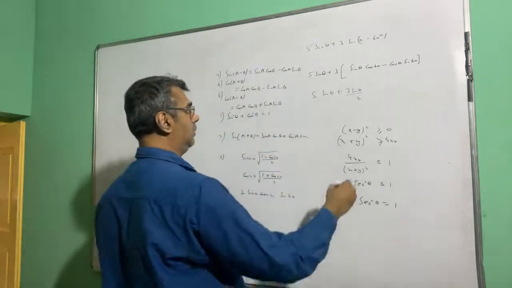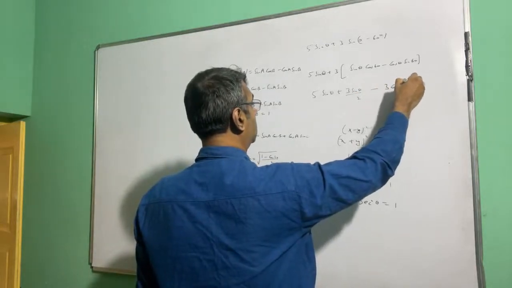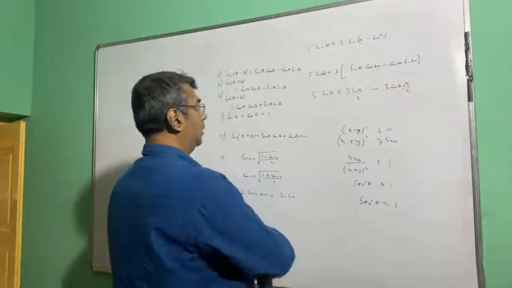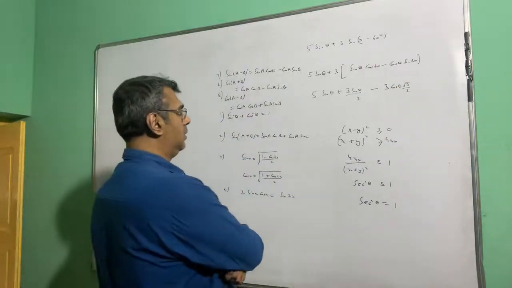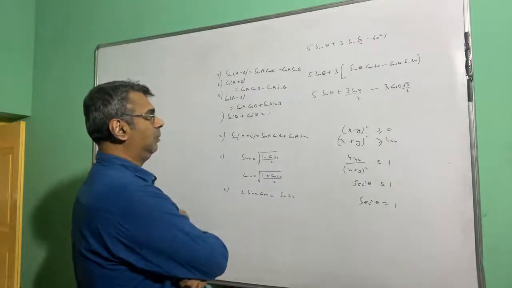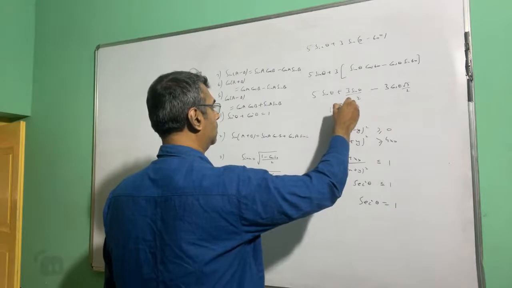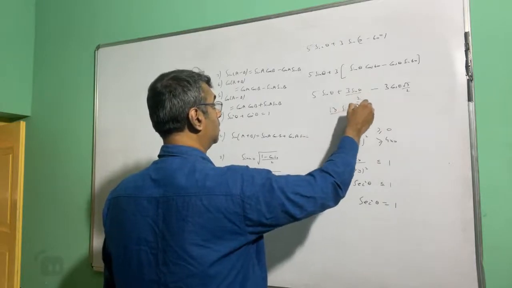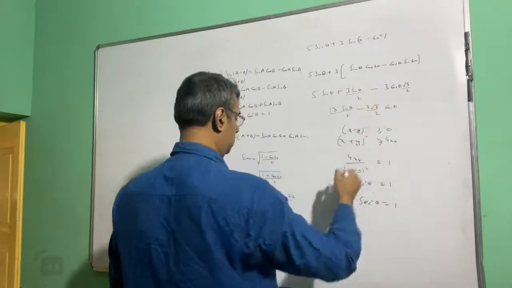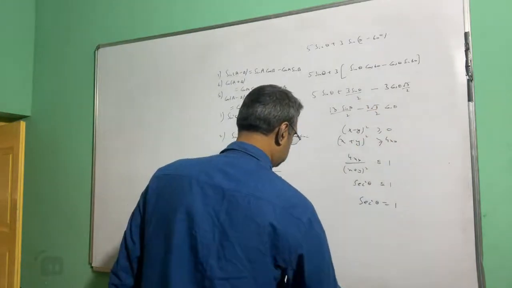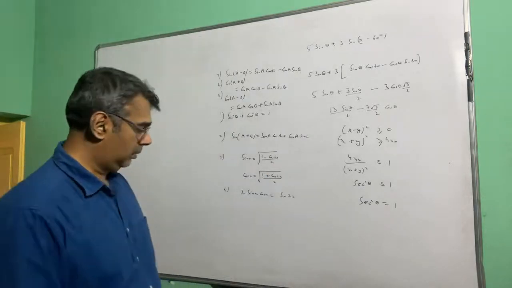So 5 sine theta plus 3 sine theta by 2 minus 3 cos theta into root 3 by 2. So 13 by 2 sine theta minus 3 root 3 by 2 cos theta.